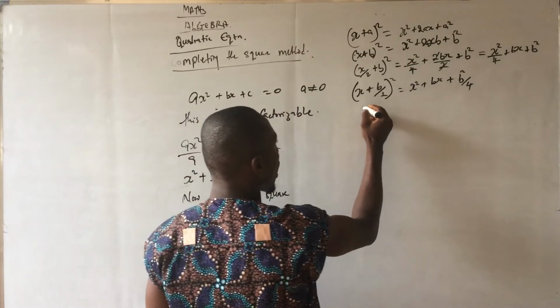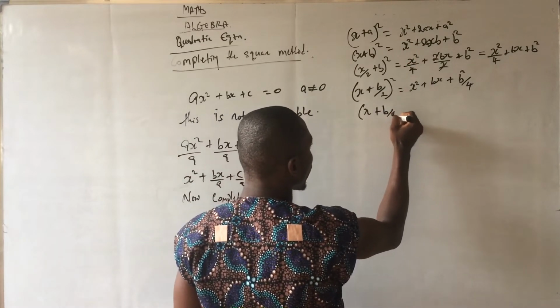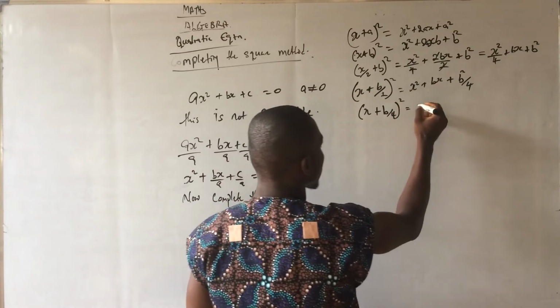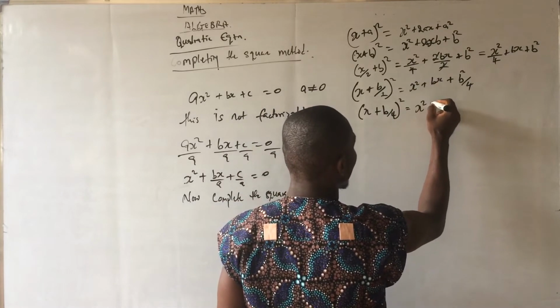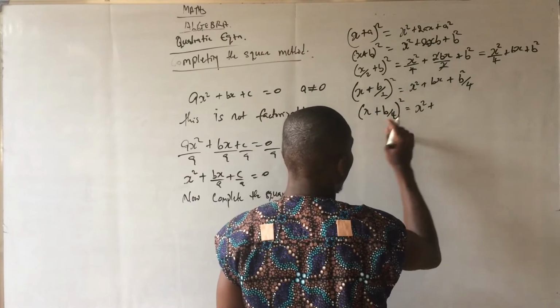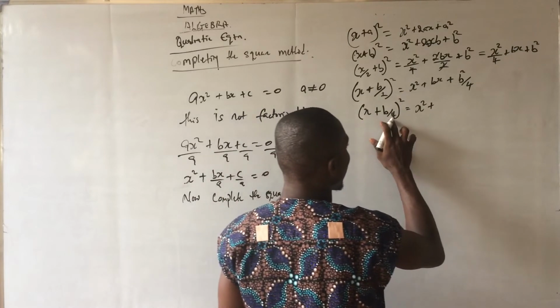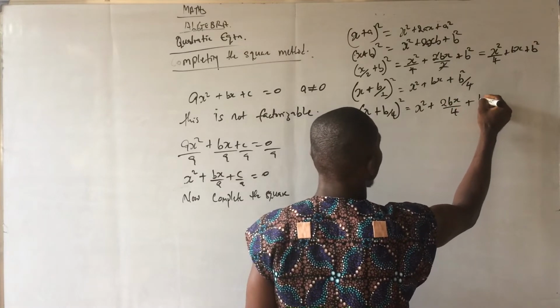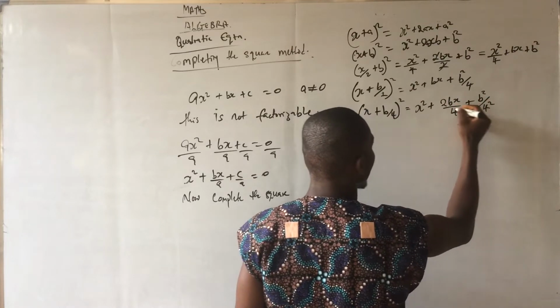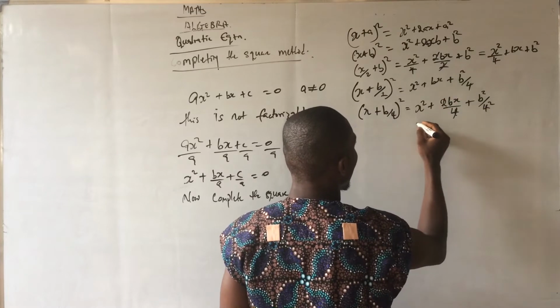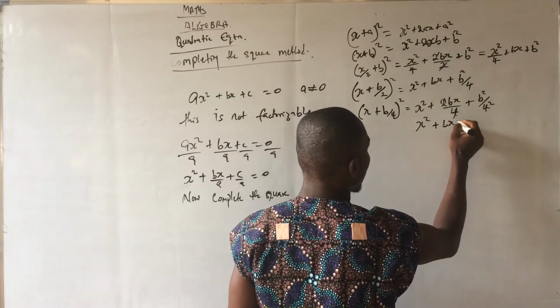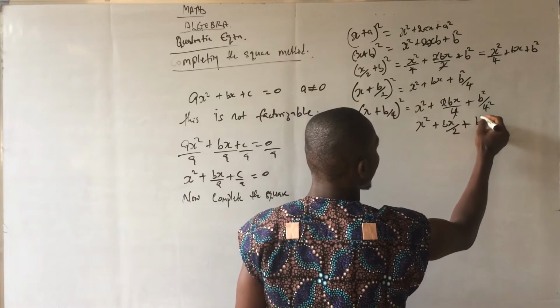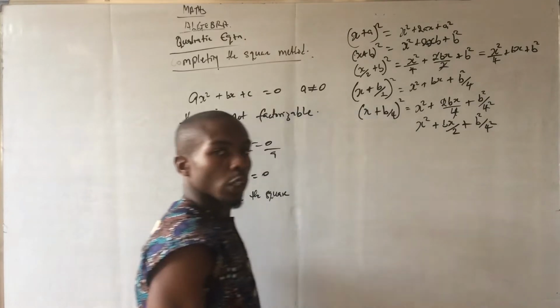So if we have x plus b over 4 raised to the power 2, you have x squared plus 2bx over 4 plus b squared over 4 squared. Now this gives you x squared plus bx over 2 plus b squared over 4 squared.